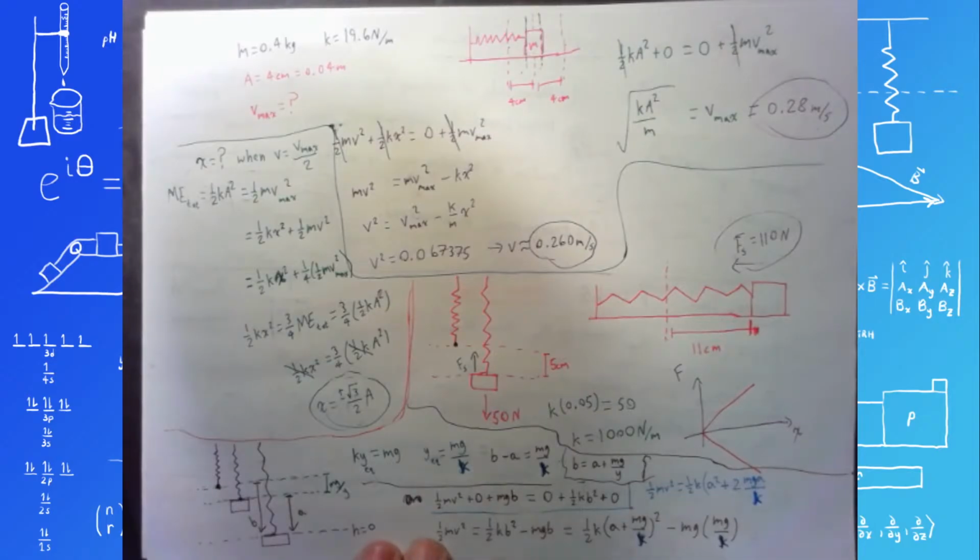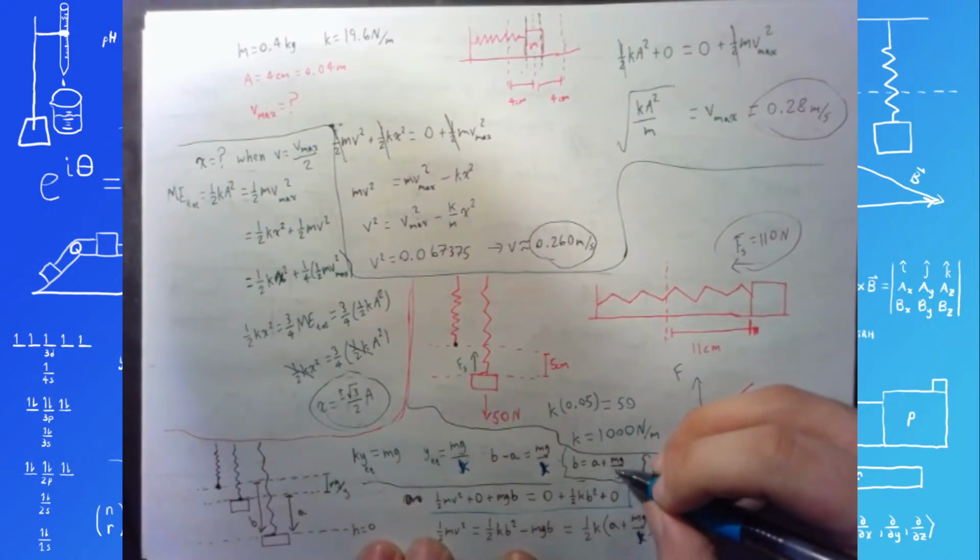That looks much better. So where were we? 1/2 k, I was foiling this, so a plus mg over k. Oh, and I forgot that one too.